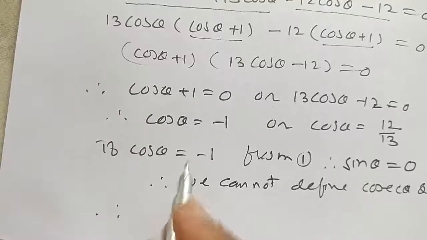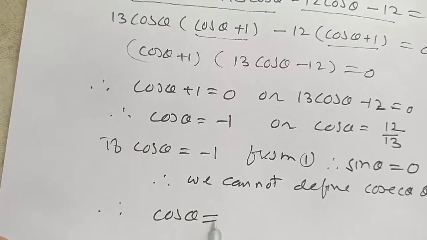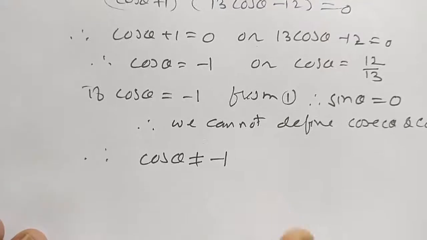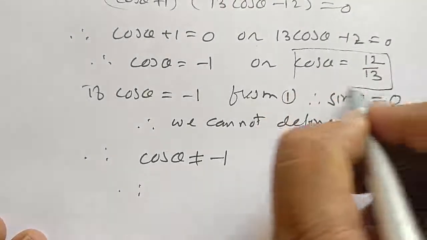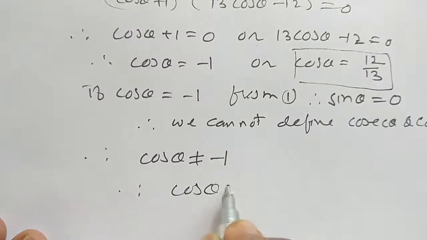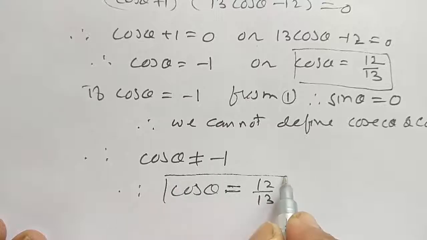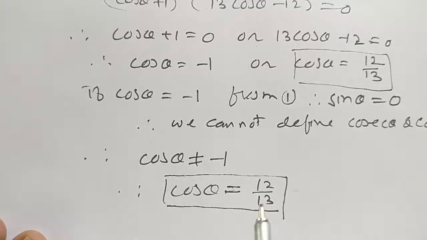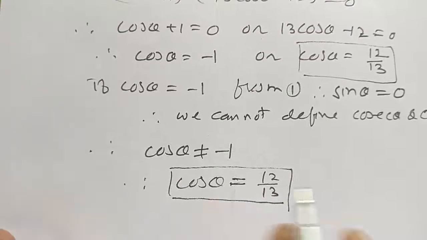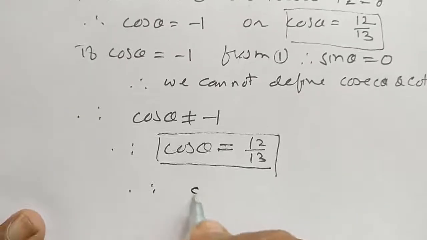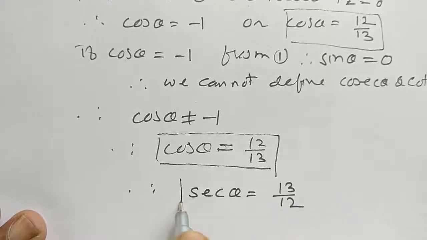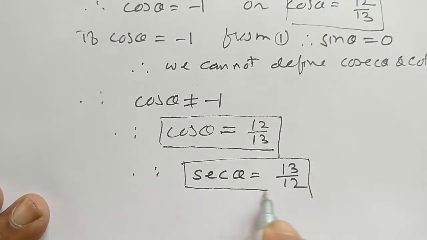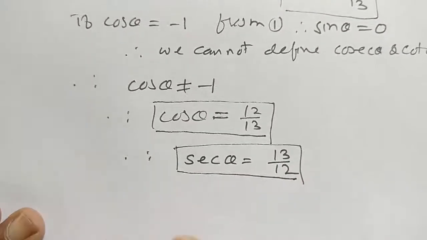Therefore, cos theta is not equal to minus 1. Only cos theta is equal to 12 upon 13 remains, which is the admissible value of cos theta. Therefore, sec theta is equal to 13 upon 12. So this is the value of sec theta.